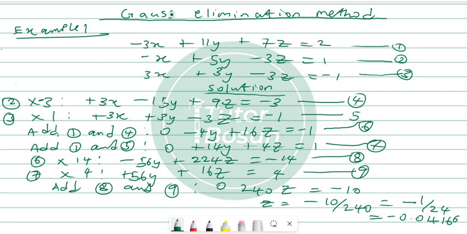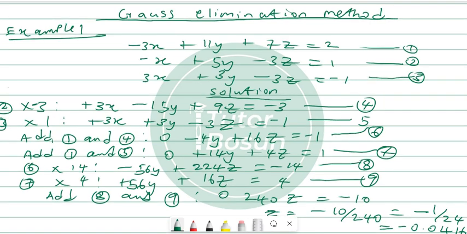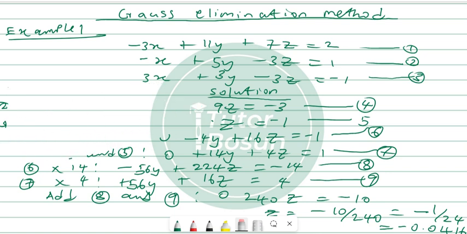So what do you now do to get the remaining unknowns? You perform a back substitution. Let me erase this so that we can use that to perform our back substitution.